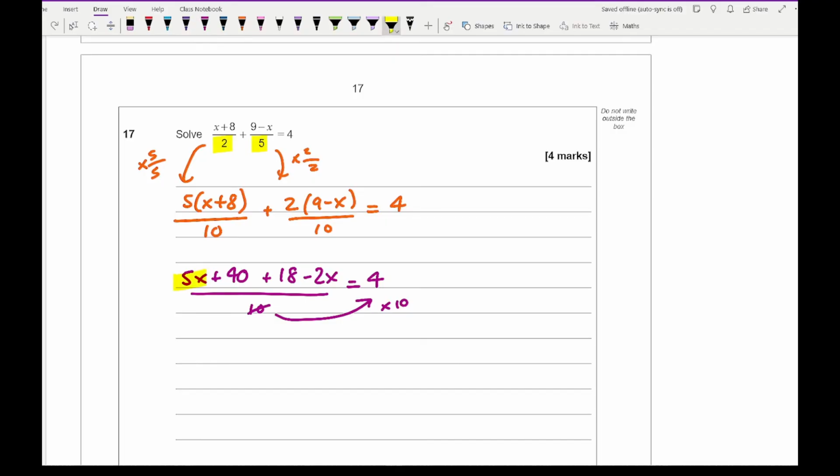So here I've got 5x take away 2x, which is 3x. 40 plus 18 is 58, and that equals 4 times 10, which is 40. Then take the 58 over to the other side by subtracting, so I'm left with 3x equals minus 18, and then from this I can work out what x is. So it's going to be minus 18 divided by 3, which gives me an answer of minus 6.